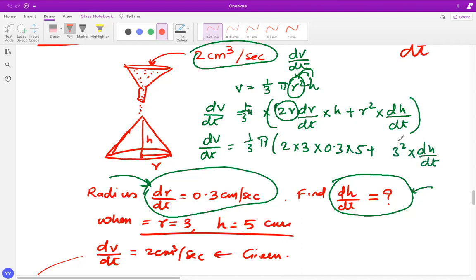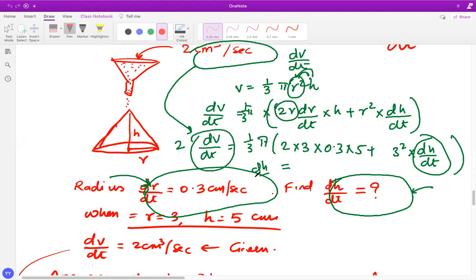And dv by dt is given as 2, and they're asking us to find the rate of change of height. So dh by dt from here comes out to be minus 0.79 centimeters per second. So this is how you do related rates when both the variables are changing.